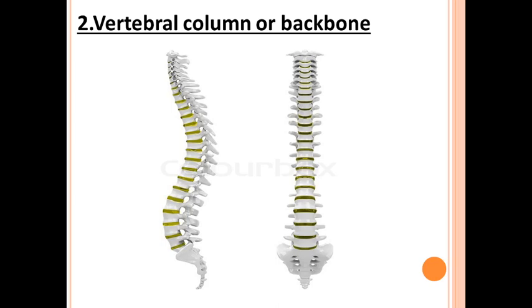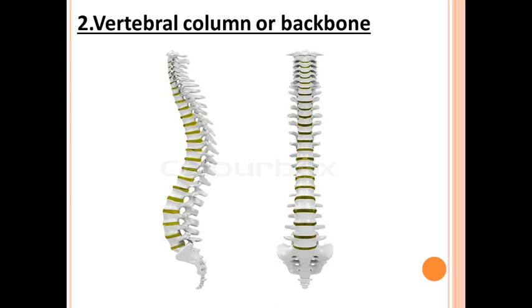Vertebrates are the animals which have a backbone, and invertebrates are the animals which do not have a backbone. Just remember that. This vertebral column, or the backbone, is flexible. Because of this flexibility, we can bend our back.